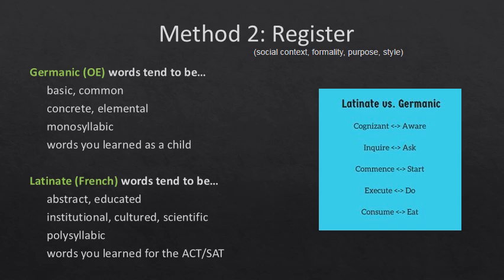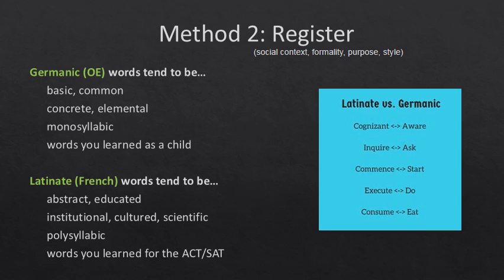We can start, Germanic, or commence, that's Latinate, French. We can do, Germanic, or execute, that's Latinate. We can eat, Germanic, or what the French were doing with their venison and mouton, consume, higher register.